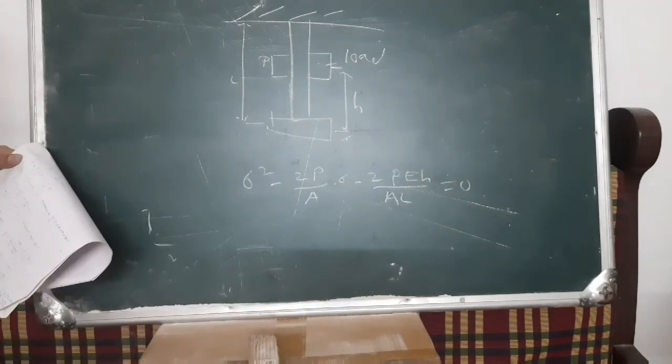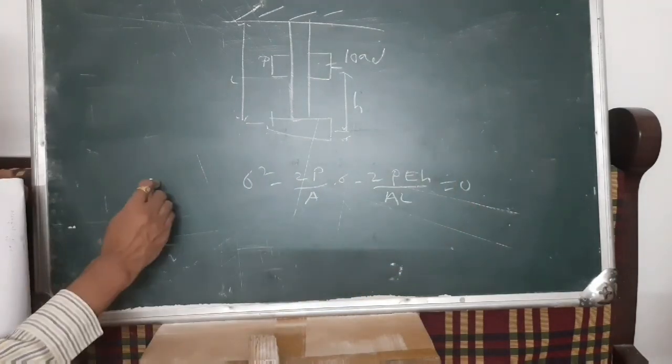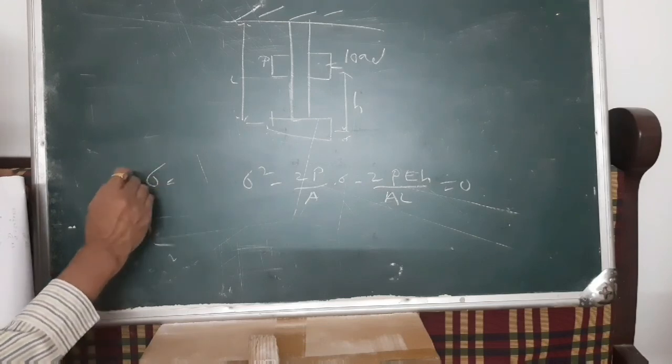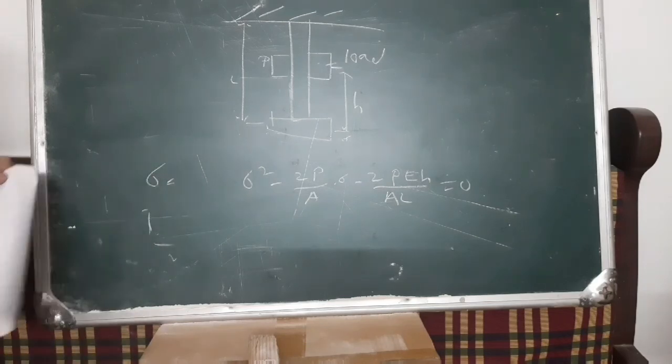This is a quadratic equation in sigma. So find the two roots for sigma.